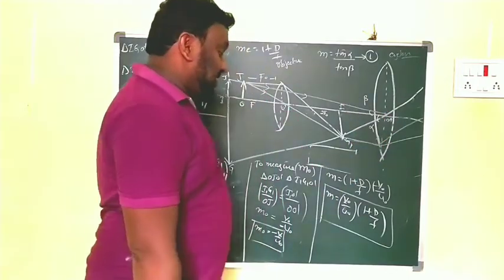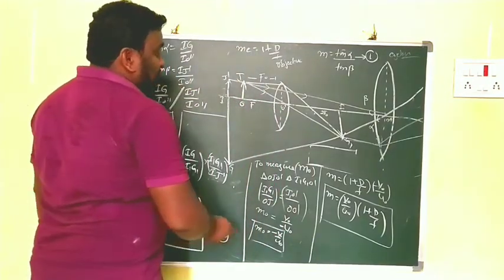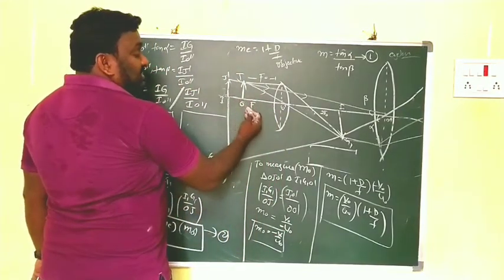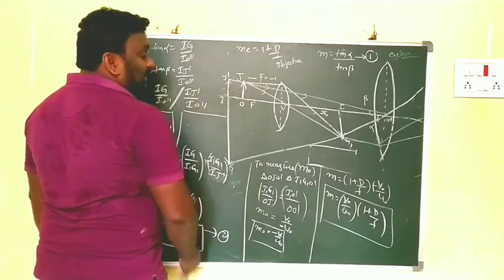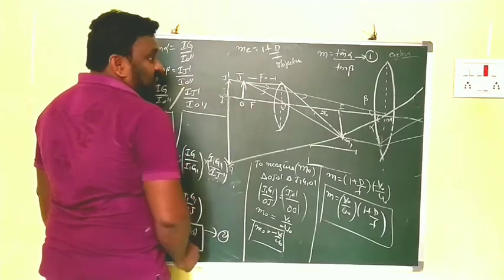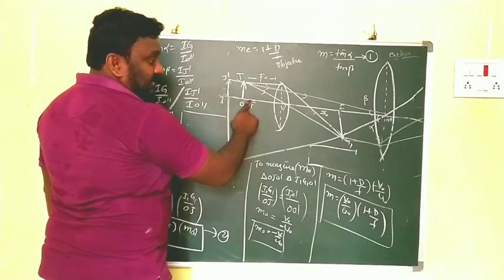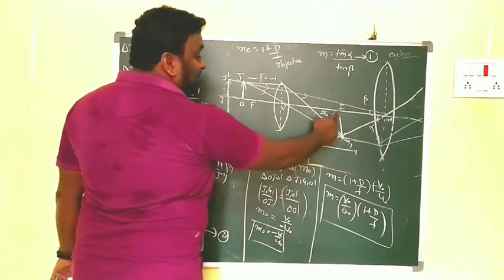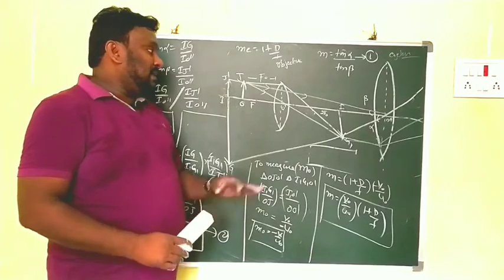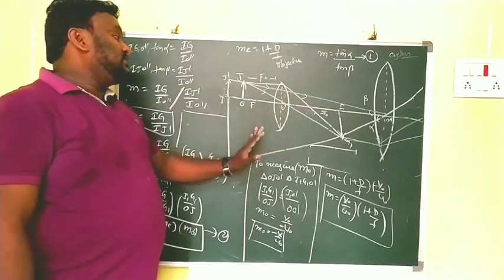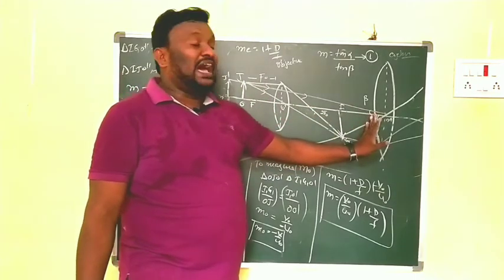Got it, children? And here we have one more thing. Now in this diagram, where is the object? Just in front of the focal length. That means we are at more than the focal length. If the object is at focus, then the image is formed very close to the eye lens.